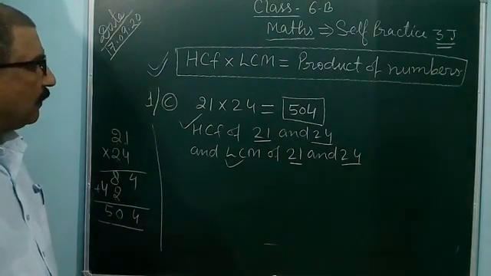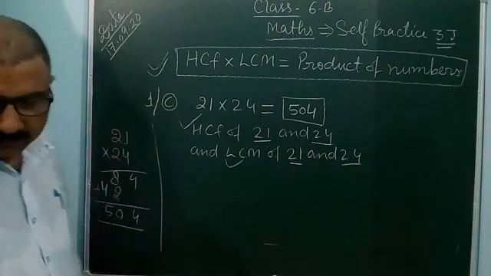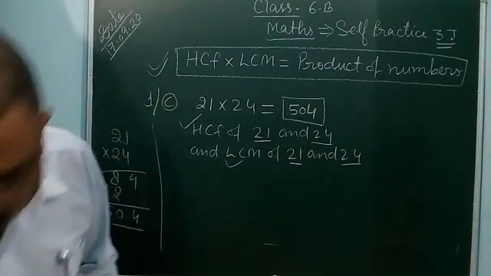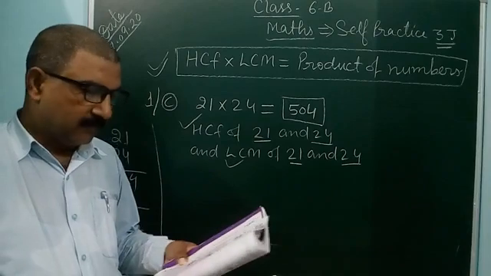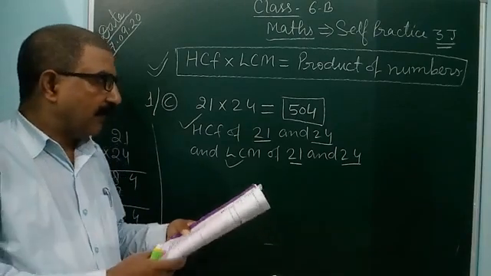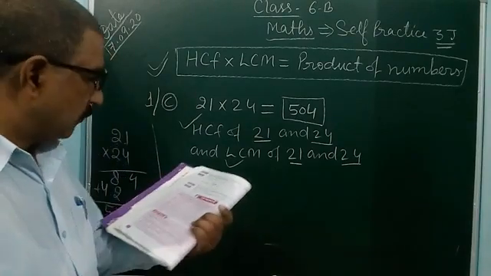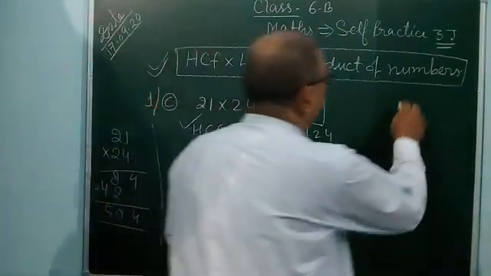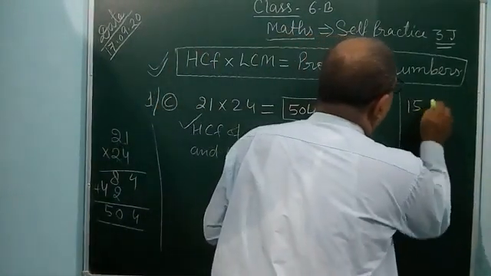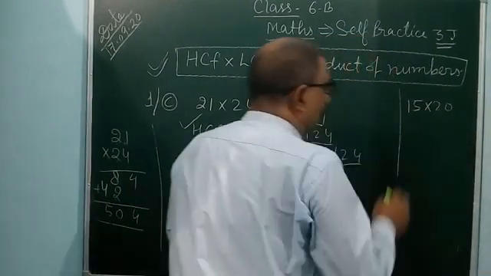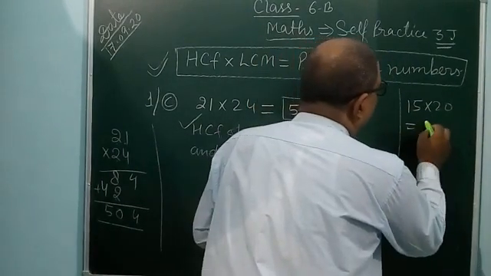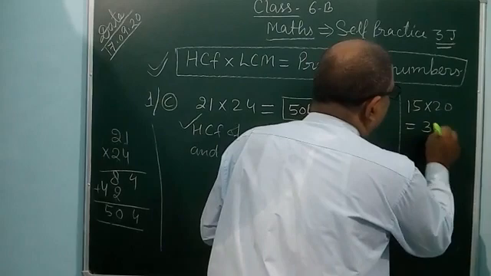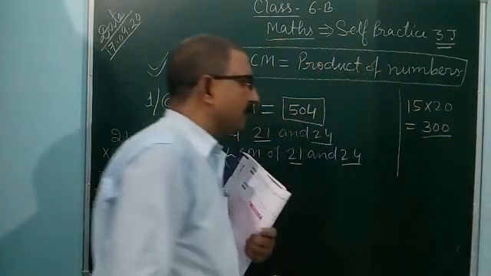Like before, you can see the first number and second number. If you multiply, the first one was 15 multiplied by 20. It is a fact that if you multiply, you get 300.